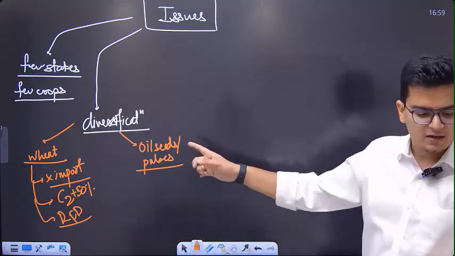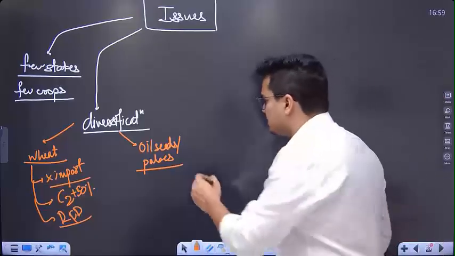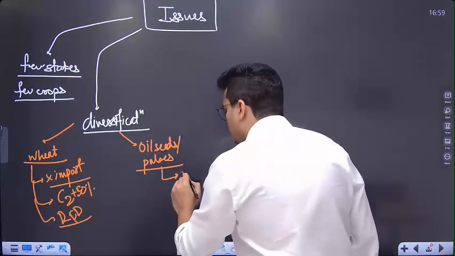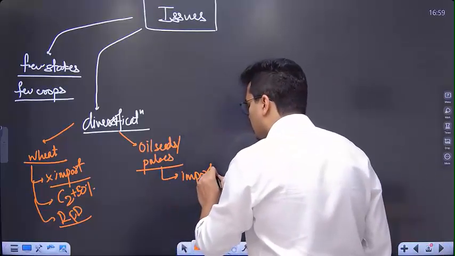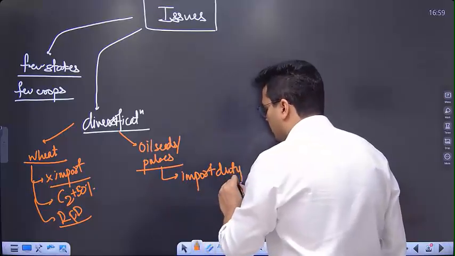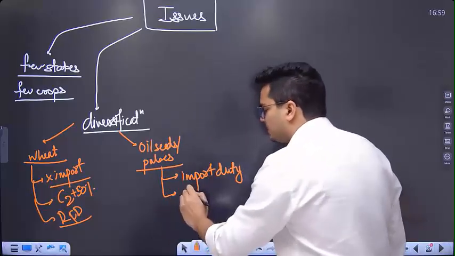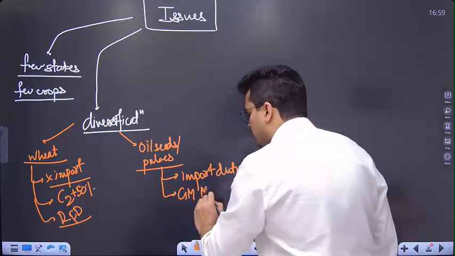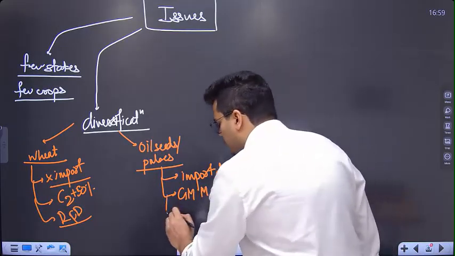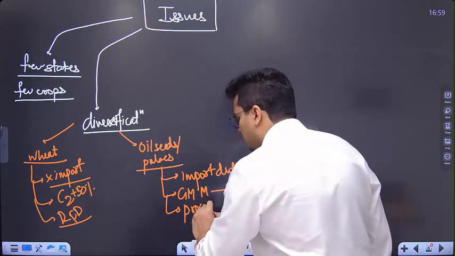If we consider the case of oilseeds and pulses, firstly, there is no import duty. When R&D is done in oilseeds, things like GM mustard, they are not allowed. There is a pro-consumer policy.